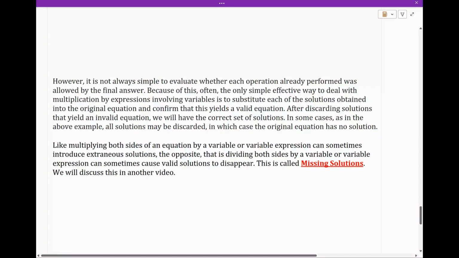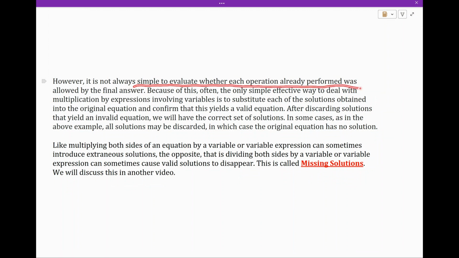However, it is not always simple to evaluate whether each operation already performed was allowed by the final answer. Because of this, often the only simple effective way to deal with multiplication by expressions involving variables is to substitute each of the solutions obtained into the original equation and confirm that this yields a valid equation.